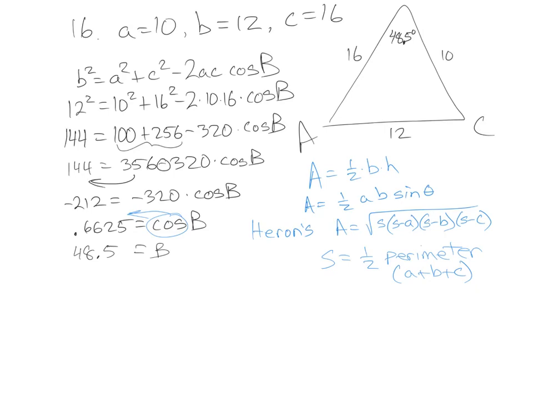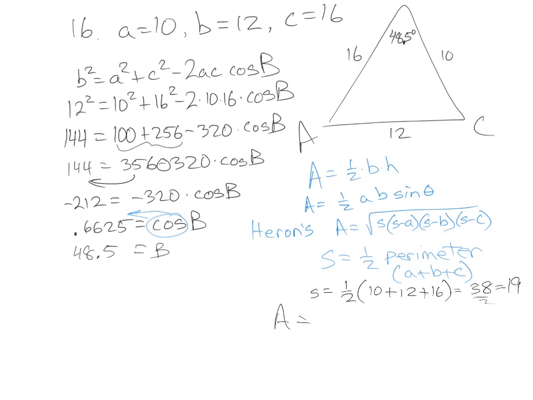Okay, now let's actually do this. S is 1/2 times 10 plus 12 plus 16. So everybody calculate that. Which is 38. And you divide it by 2, that gives you 19.